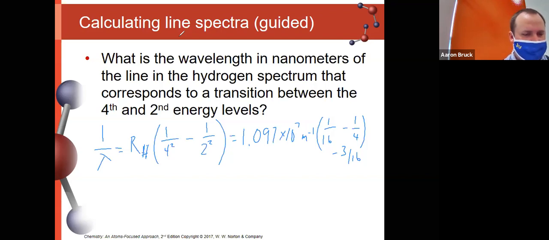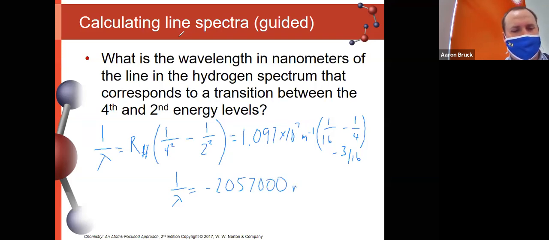Negative 3/16 times the Rydberg constant, 1.097 times 10 to the 7th. I get a wave number of, to four significant figures, negative 2.057 times 10 to the 6th reciprocal meters. So we're talking about 2.057 million wave numbers.